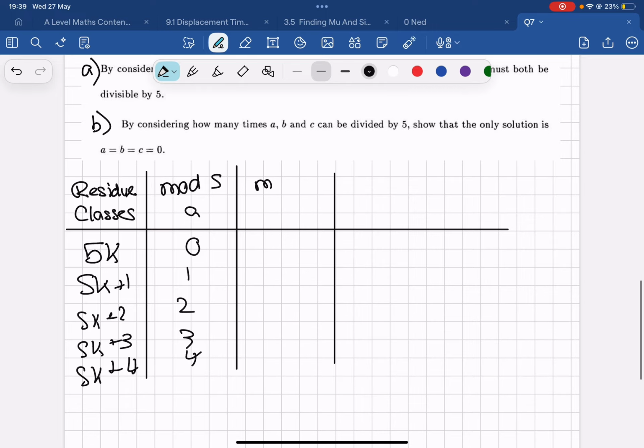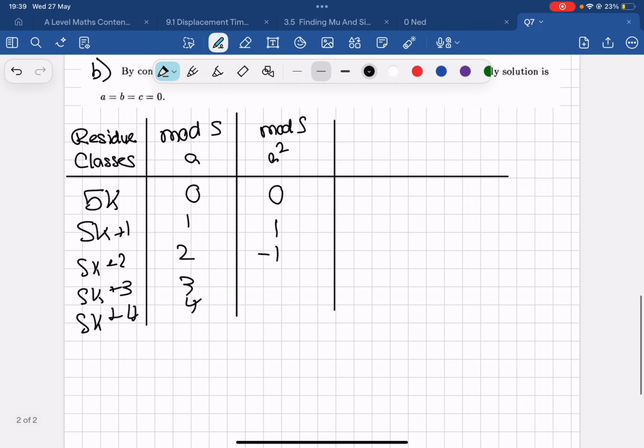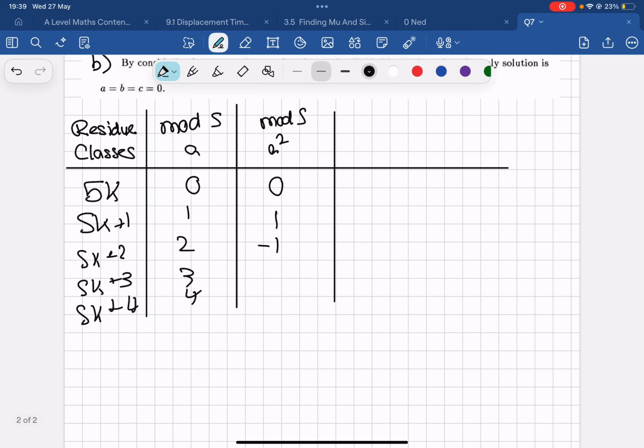Then mod 5, I'll just consider a squared. 0, 1, 2 squared is just 4, so that's congruent to minus 1. 3 squared is 9, mod 5 is 4, which is also minus 1. 4 squared is 16, which is just congruent to 1.